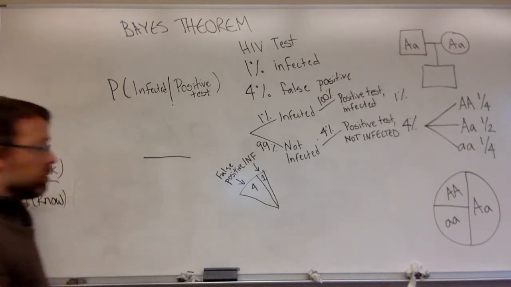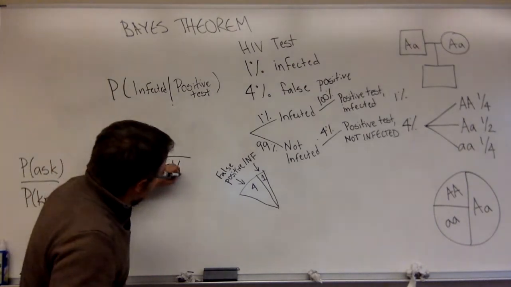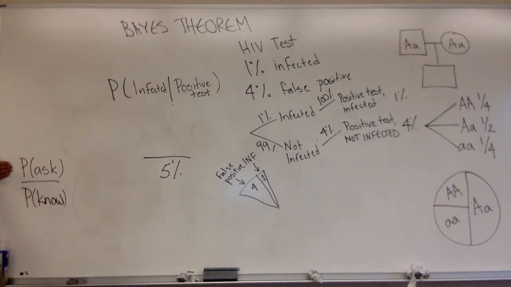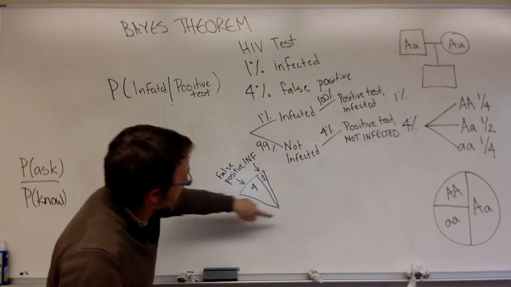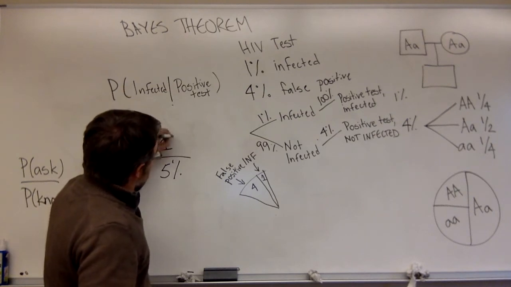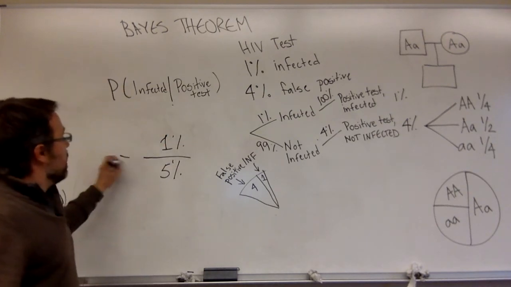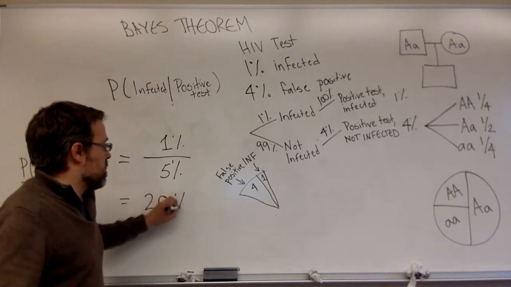And so then what we're left with is 1% and 4%, so our whole pie is 5%. So the probability of what we know now is 5%. And then what we're asking is, are we infected? So out of this 5%, in 1% we're infected. And so we get something very close to 20%.